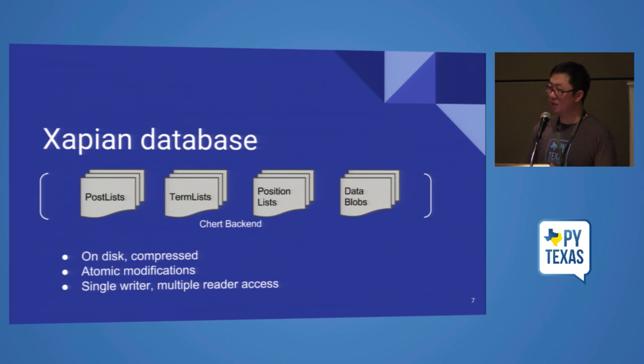At one time, only one writer can update the database, but multiple readers can access the database at the same time. Xapian also provides a tool to help us easily inspect the database. We will demonstrate that in the later demo session.